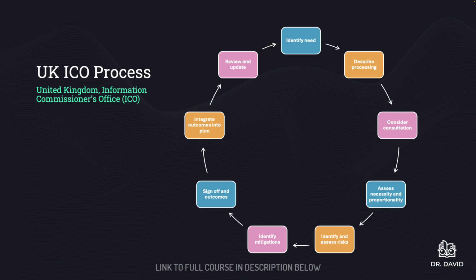I'm not going to read through the entire wheel here, but we can see that the beginning of this is at the very top. If we think about this cycle as a clock, then at the 12 o'clock is identify need. We move to the 1 o'clock, which is describe processing, the 3 o'clock, which is consider consultation, and so forth and so on. And we end with review and update.